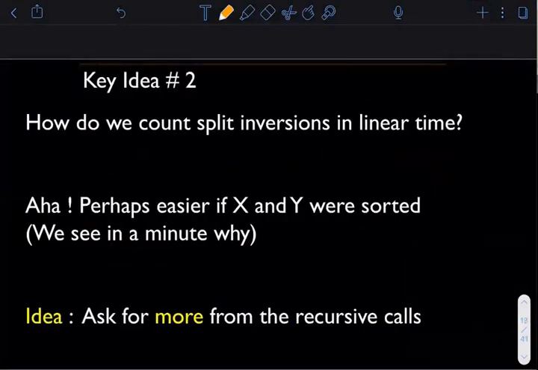All I'm saying is that you should ask more from your recursive calls. Your recursive call should not only count the number of inversions in x and y, but it should do some additional work and also give you the sorted versions of x and y.